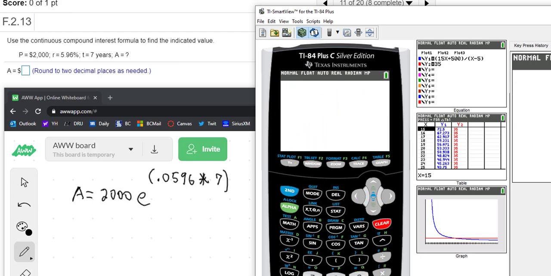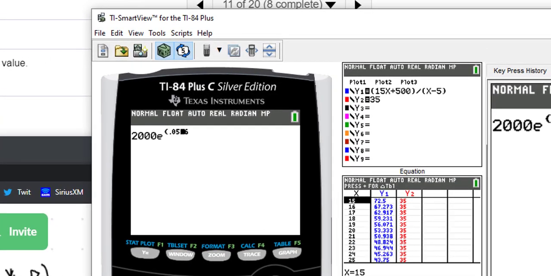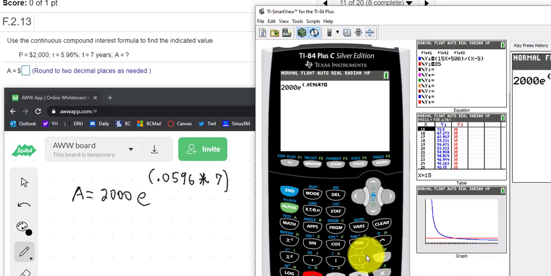So back to our problem. P is 2,000 times E raised to, and in parentheses, I'm going to put RT, 0.0596. Oops, I think I typed that in wrong. 0.0596 times 7. Right?